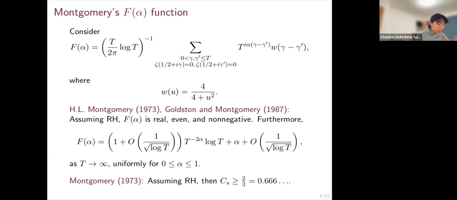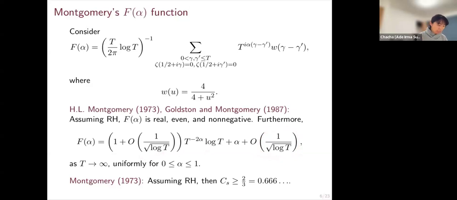And then when Montgomery first defined this function, he showed that we have an asymptotic formula for this function with, I think, a less exact error term at that time, but it was improved later by Montgomery himself and then Goldston in 1987. And I think the most precise form that is sufficient for our use is when you get the asymptotic with an error big O of 1 over square root of log t, also multiplying the main term.